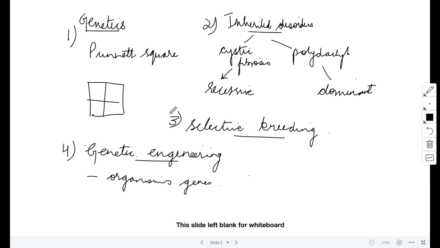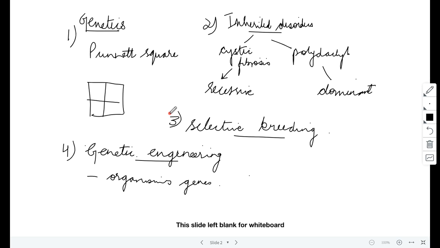Suppose we have two organisms. One organism's genes are not such that it should have a specific characteristic. So I am going to take that specific characteristic from one more organism and produce an organism which has that characteristic.